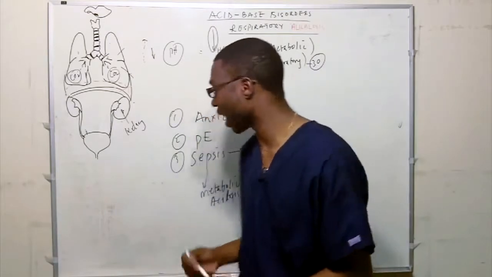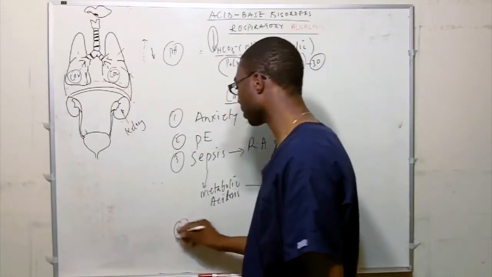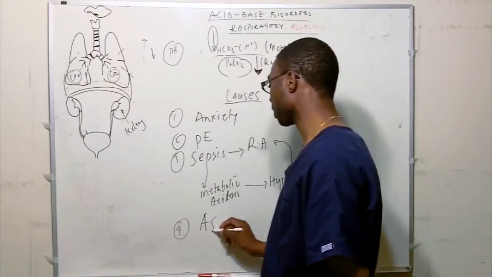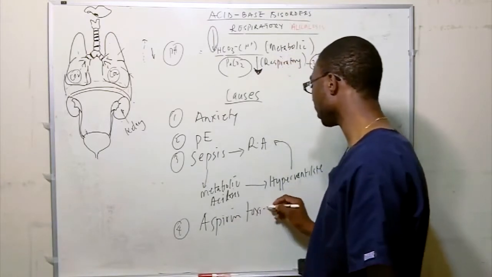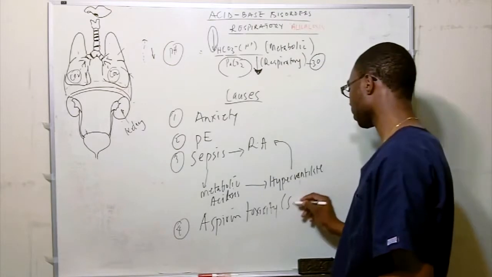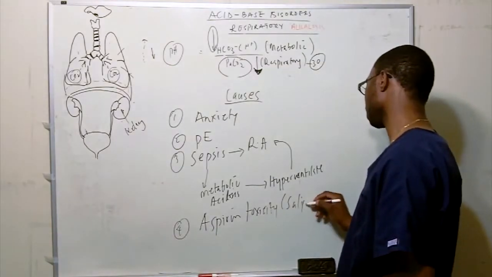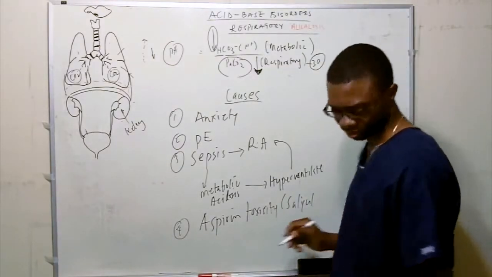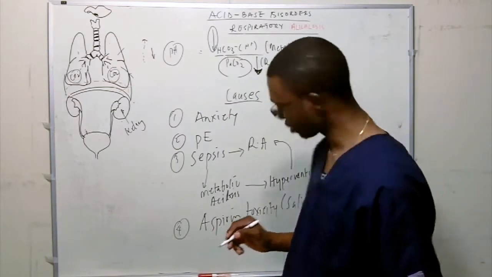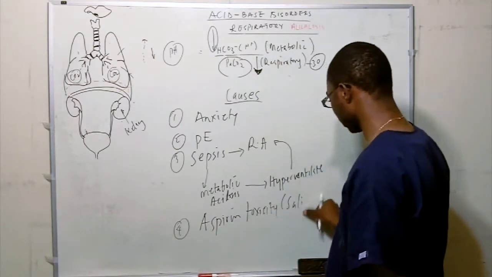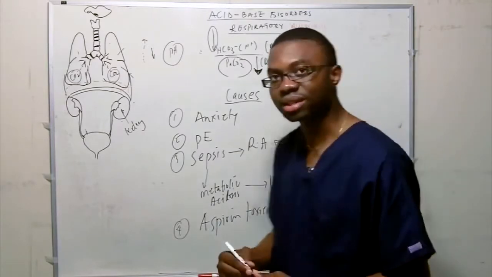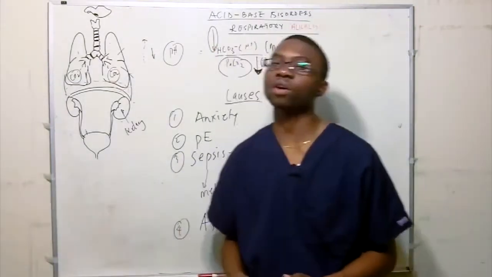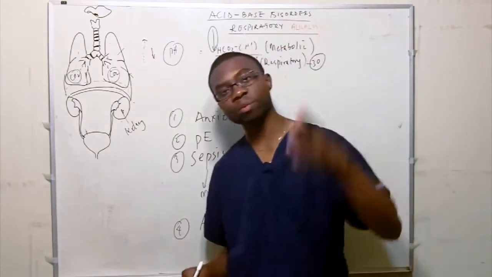Another thing that I think is high yield information you guys should know about this is what? Aspirin toxicity. Salicylate. Let me make sure I'm saying salicylate right. Salicylate. Right? Aspirin. Notoriously known for causing lactic acidosis. Remember the mud piles?